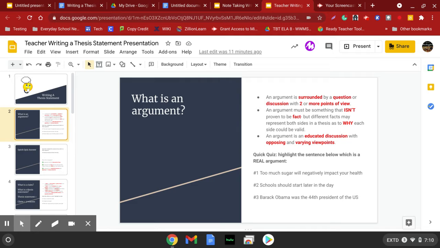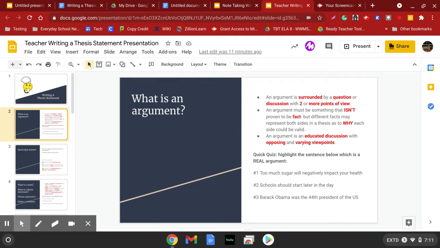An argument must be something that isn't proven to be fact. There may be facts to support your answer, but it's not an absolute right or wrong answer. But different facts may represent both sides in a thesis as to why each side could be valid.